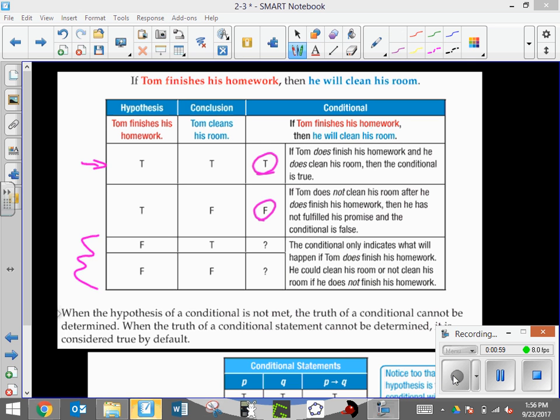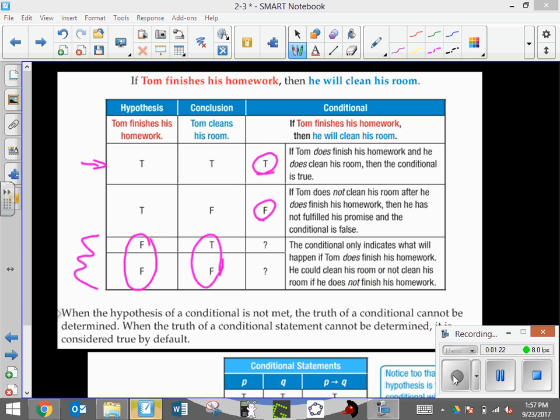If my hypothesis is false, we cannot determine the truth value of the conditional very well. So all we're going to do in this case, whenever your hypothesis is false, so both of these cases, the hypothesis is false, these can be changed however they want to be.